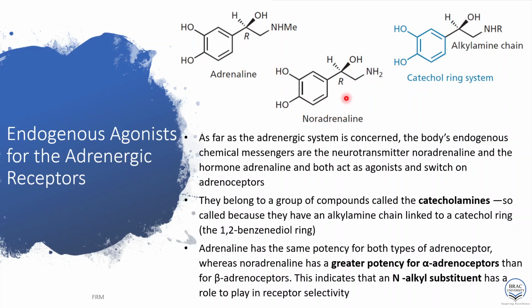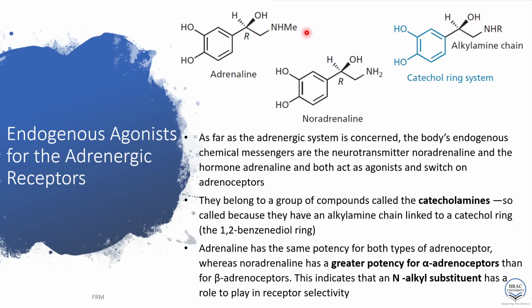R enantiomer, R enantiomer. So the hydroxyl group and H are in the same position, and the same catechol ring. But here in the side chain, the N-alkyl substitution, this methyl group is extra CH3. Instead of this, it has two hydrogens. So here, one hydrogen is replaced by a methyl group. That means the addition at the side chain, or N-alkyl substitution, mainly affects the selectivity towards the two receptors, alpha and beta.